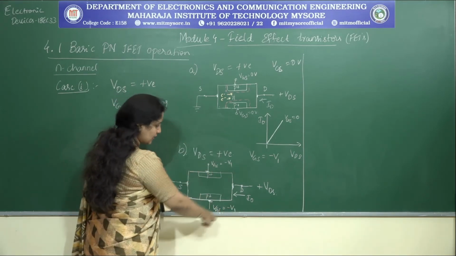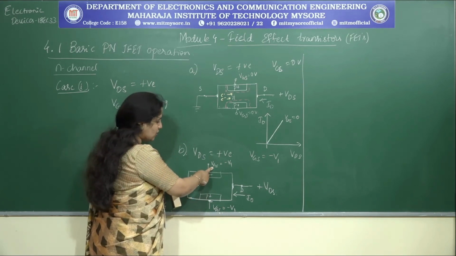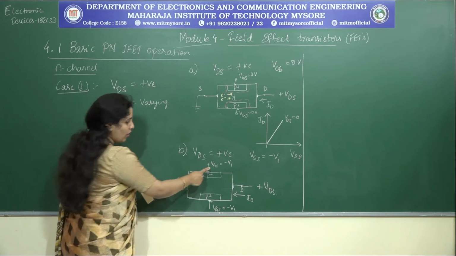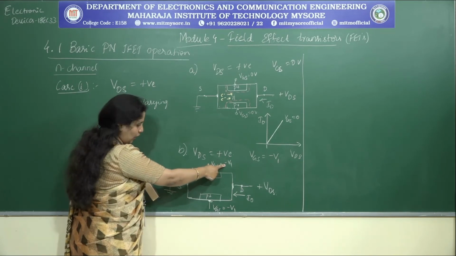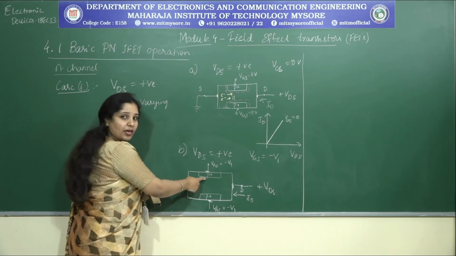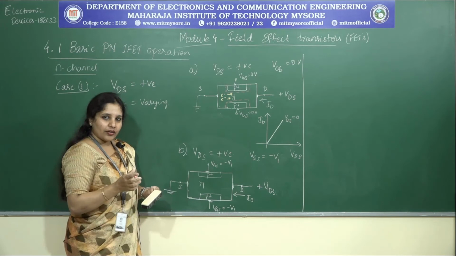When I consider this scenario, when I increase the negative potential across the gate to source voltage, what will basically happen is, see, this P plus is connected to a negative potential. That means what happens to the depletion region between this P plus and the N region? They tend to widen, right?